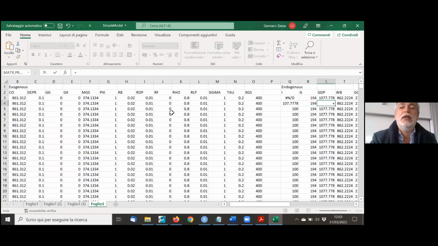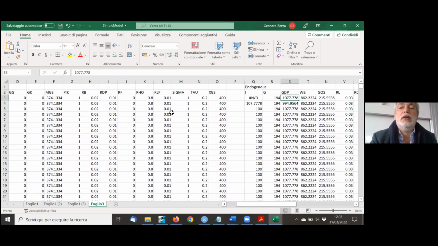GDP is equal to consumption, which is currently exogenous, plus investment, plus exports, less imports. Well, this is not really relevant. So we here already want to adjust some of the numbers so as to have exactly the steady state value we want to reach.